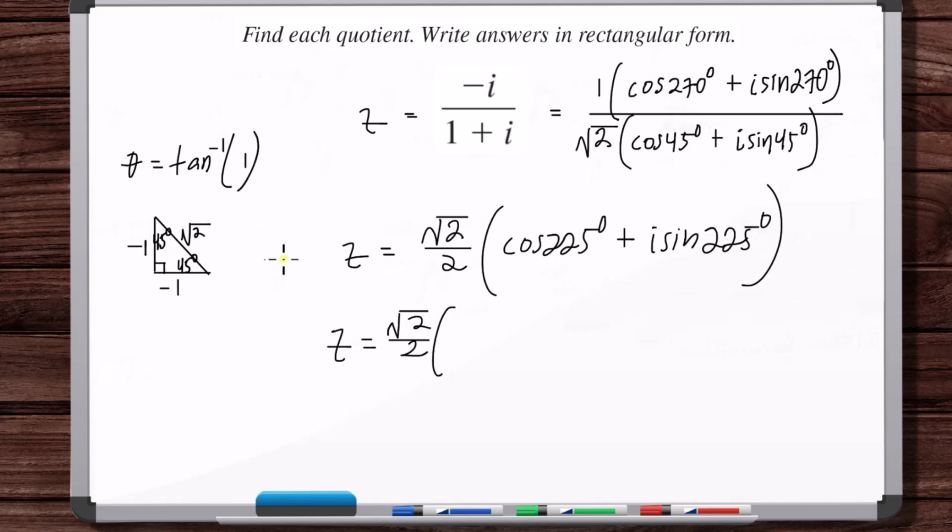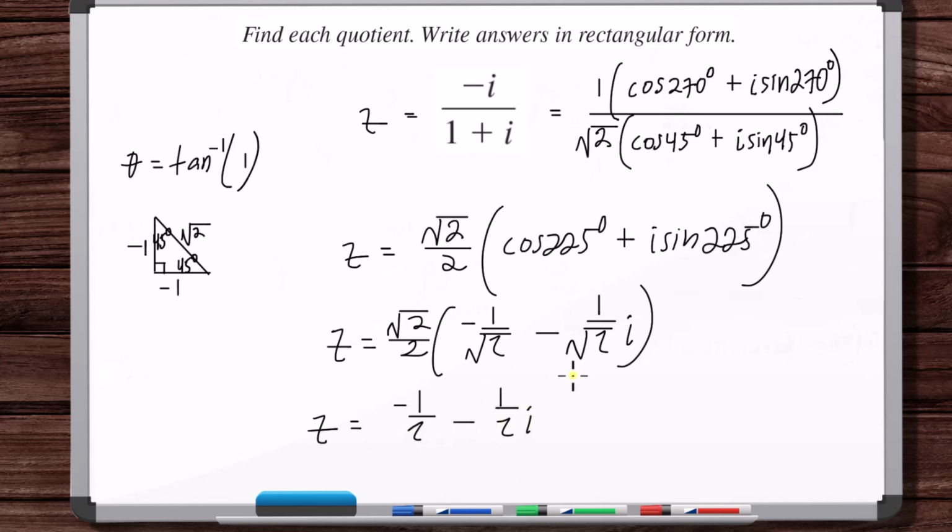Cosine of 225 is minus 1 over root 2. Sine of 225 is minus 1 over root 2. So we've got minus 1/2 minus 1/2 i. There we go.